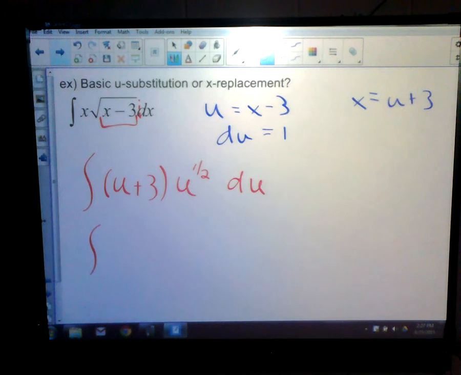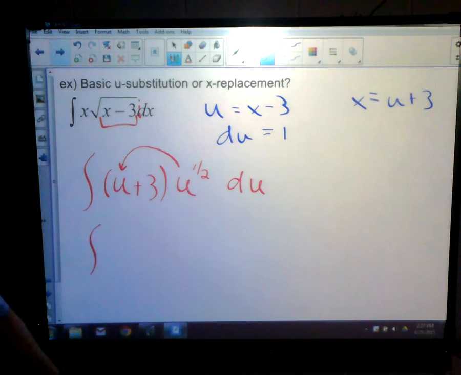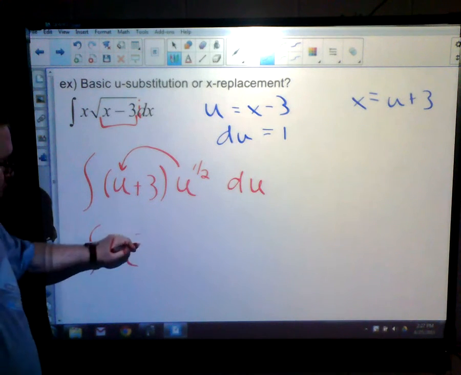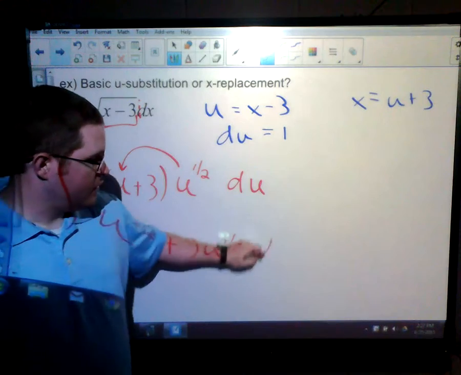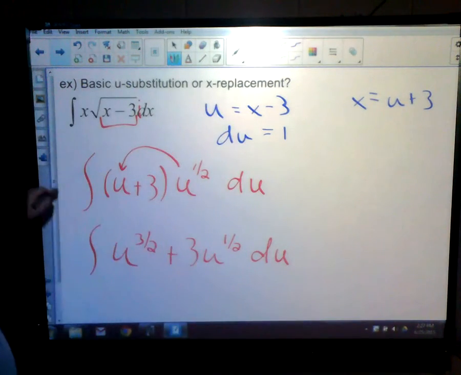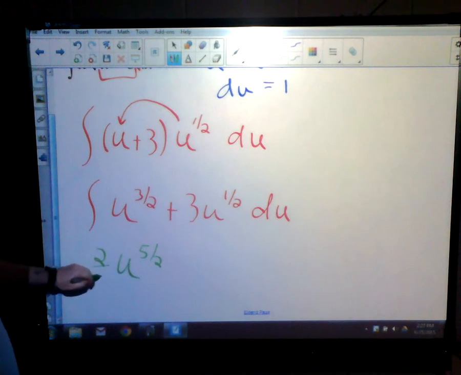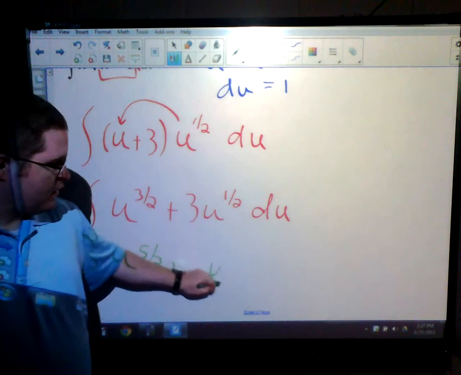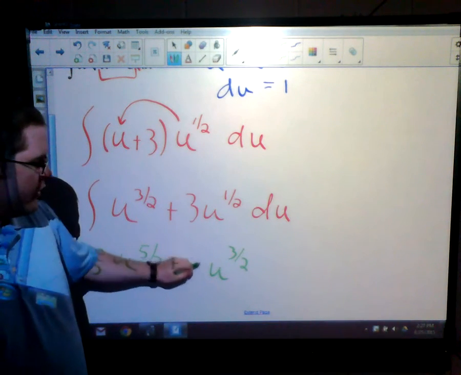Or, to make the problem better, let's distribute in. When you distribute, what do you do to exponents? You add them. That's u to the 3/2 plus 3u to the 1/2 du. Now we can integrate. Follow your integration rules. Add 1, flip and put in front. Add 1, flip and put in front. 2/3 times 3 is 2.